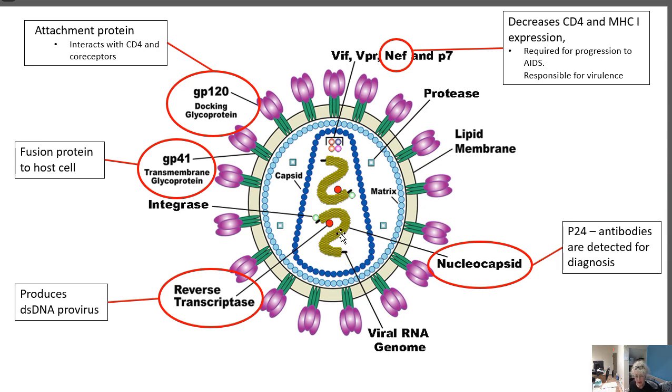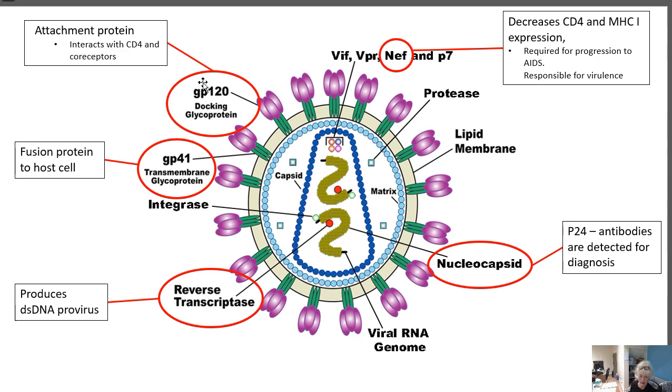The nucleocapsid, the reverse transcriptase, the integrase, the protease. P24 antibodies are detected for diagnosis. We can do that. Rapid HIV test. Reverse transcriptase produces double-stranded DNA provirus. How smart is that, right?